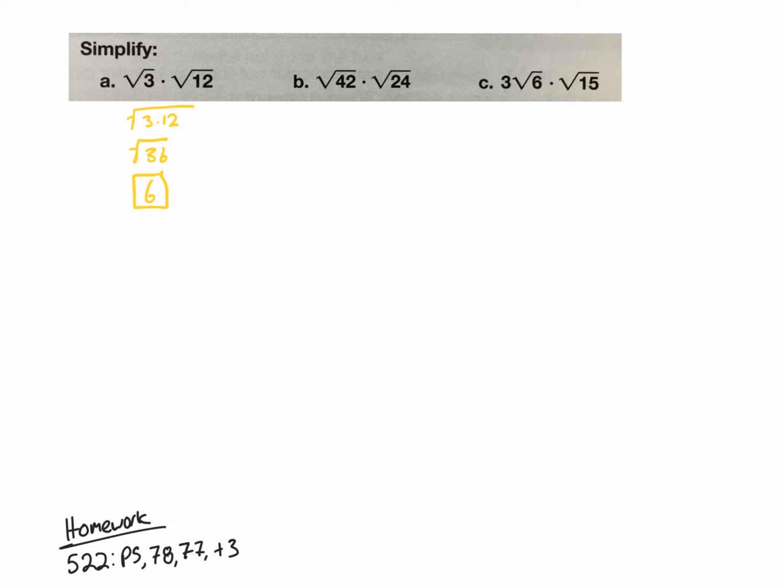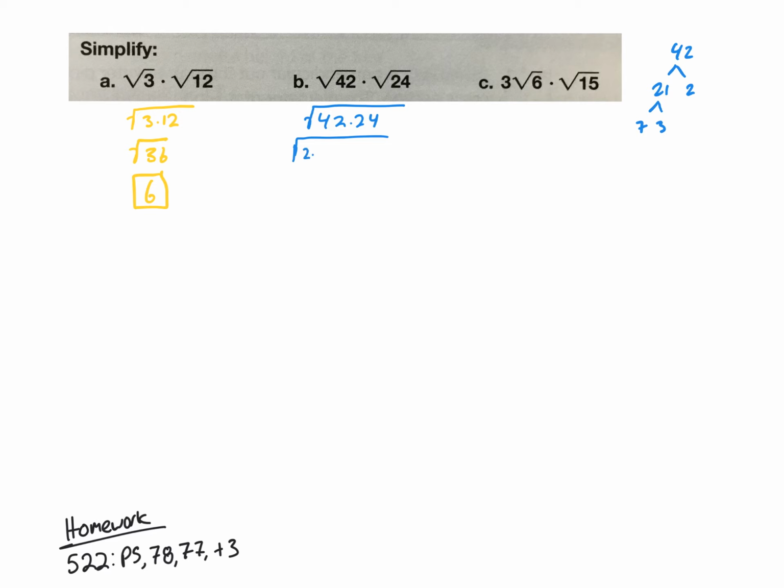This next one is same idea here. 42 times 24. I'm just trying to find its prime factorization. Let me do it over on the side. So 42 is going to be 21 and 2. That's 7 and 3.